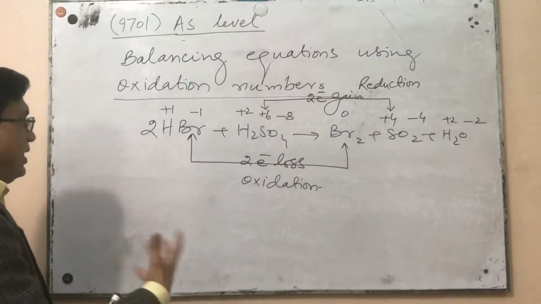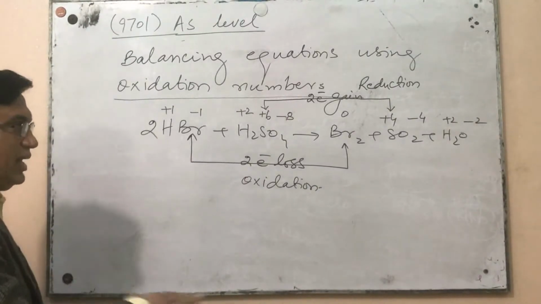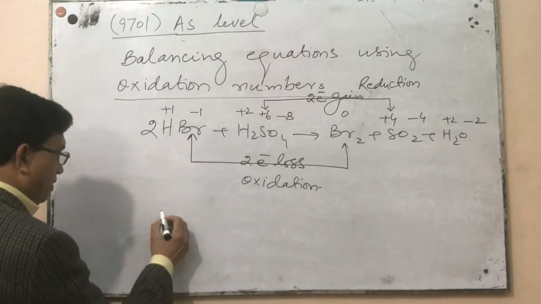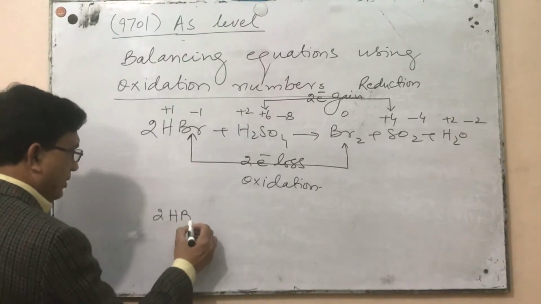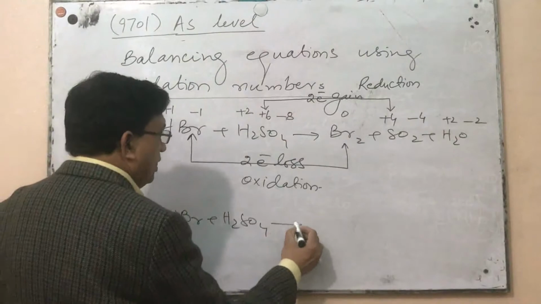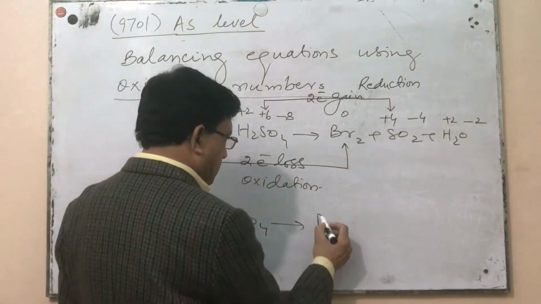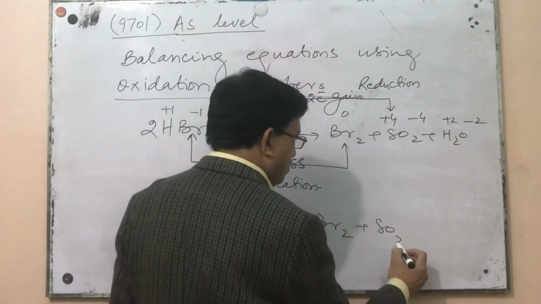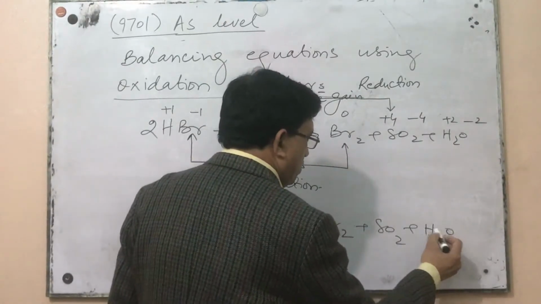So, in the next step, we will balance this equation by the hit and trial method. Now, we have HBr plus H2SO4, which is going to convert into Br2 plus SO2 plus H2O.